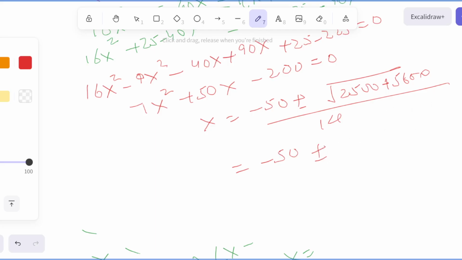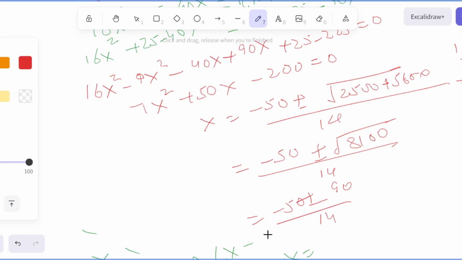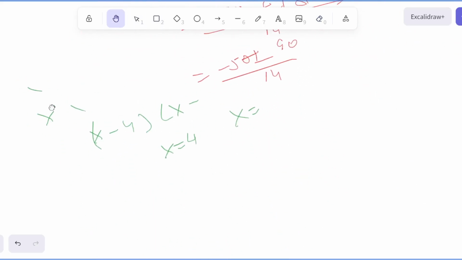So 56 plus 25, because you need to find out the square root also now. So 5 plus 6 is 11, and 81. Oh, this becomes easier now, because you get 90. So this will be minus 50 plus minus 90 upon 14. We'll not go with the negative because it cannot be negative, so we'll remove that negative.